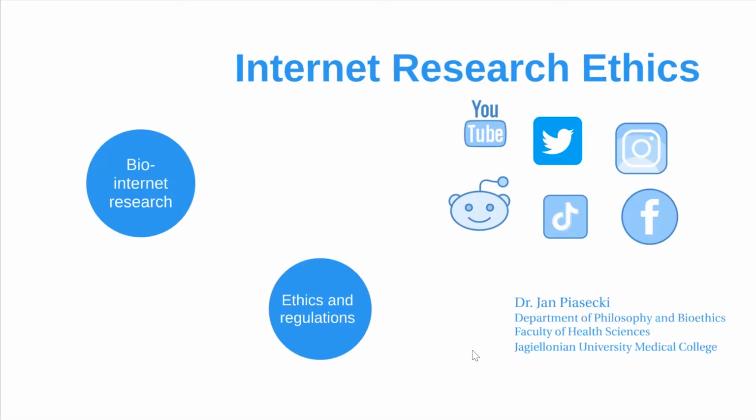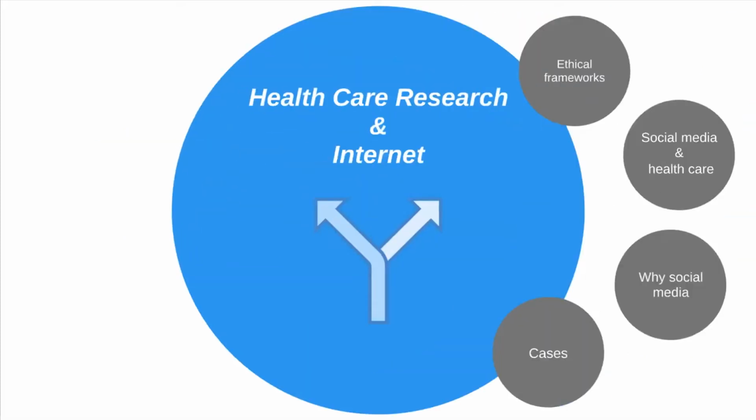From this, I'm also right now involved in social science and internet research projects, and I was quite surprised that there are some differences in ethical framework, depending on which side you are coming to internet research from.